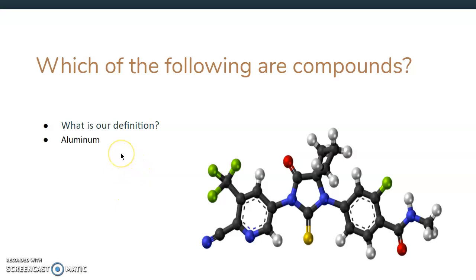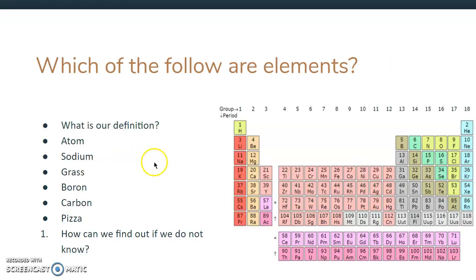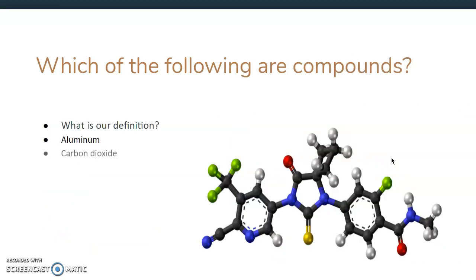So aluminum is our first example. Aluminum's abbreviation is Al, and it is actually on the periodic table. So if we go backwards, I think we can find aluminum as number 13, right here. So that is actually an element. Carbon dioxide.